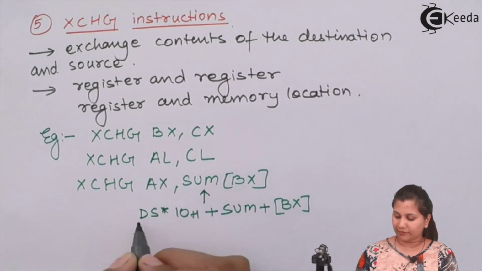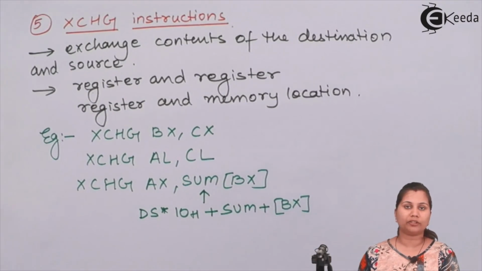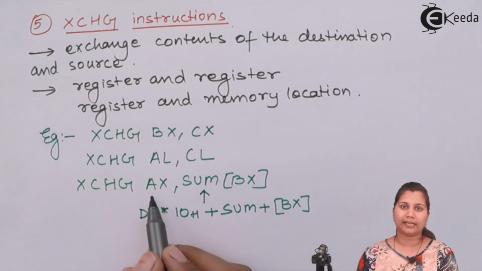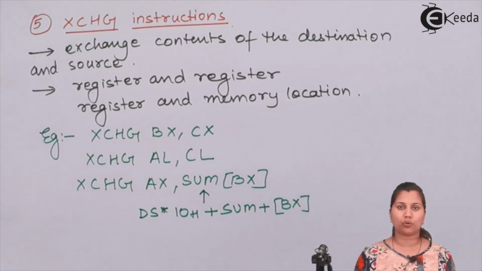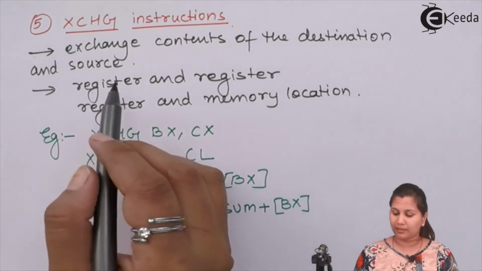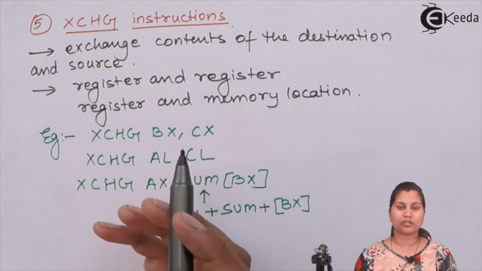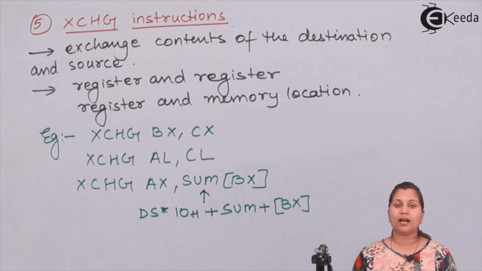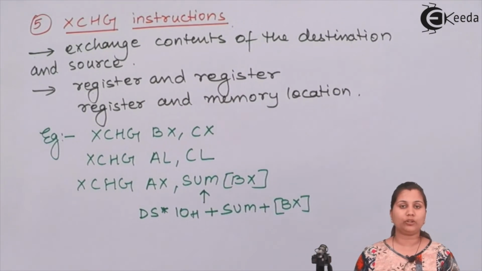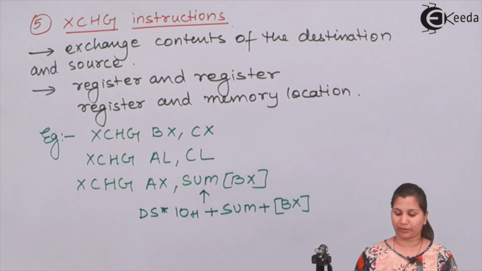So this is collectively forming the physical address of the memory location where the data is stored. So that 16-bit data will be exchanged with the AX register. So here you can see that the contents of the source and the destination are exchanged. The source can be a register or a memory location, and the destination can also be a memory location, but exchange between two memory locations cannot be done using this instruction.